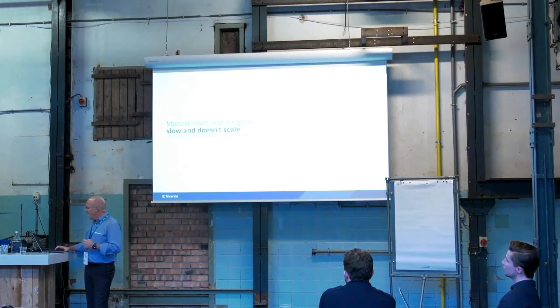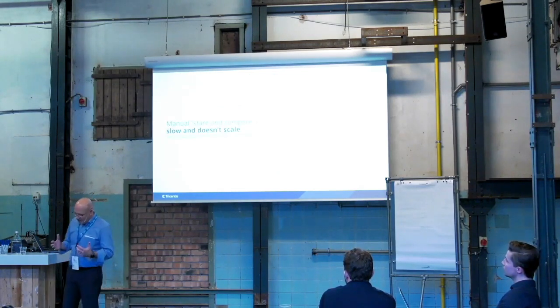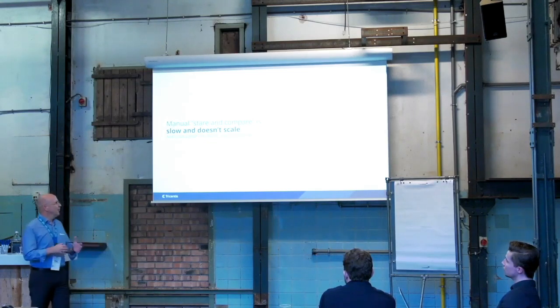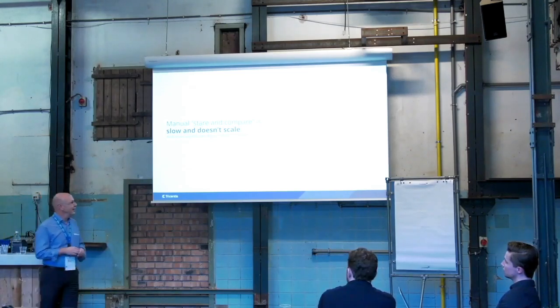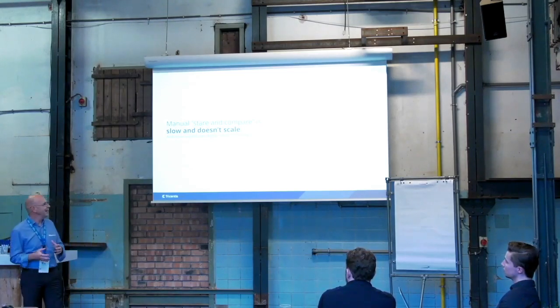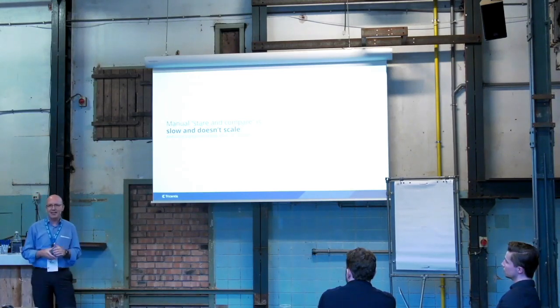And now moving a little bit from the why into the what and how. So far, data testing is often done in a way that our American colleagues like to describe as manually staring and comparing.